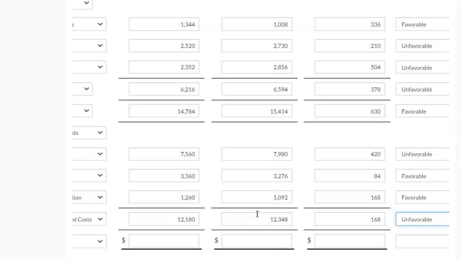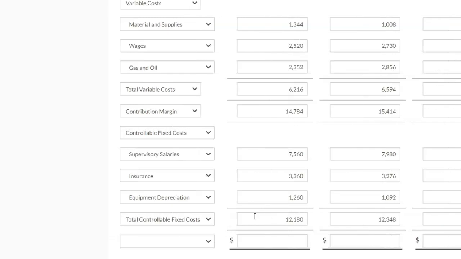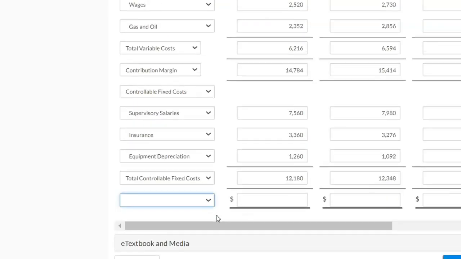Correct? Yes. Now the final, what's the final line item? Margin. Controllable margin.